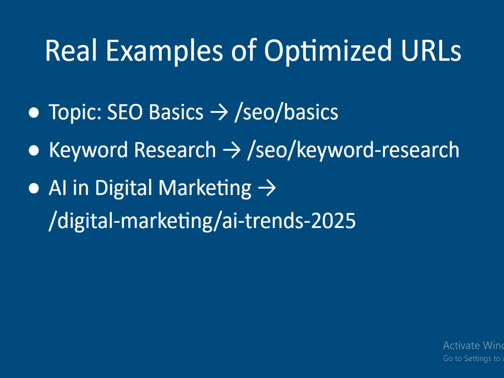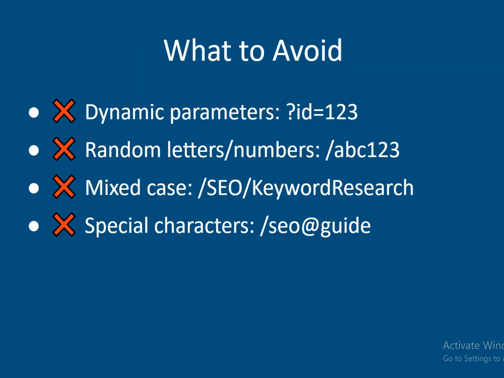So next, let's move to what to avoid while writing these URLs. As I mentioned earlier, dynamic parameters should not be there, like question marks, id=123, this kind of thing, and random letters or numbers like abc, which are not understandable by human beings.